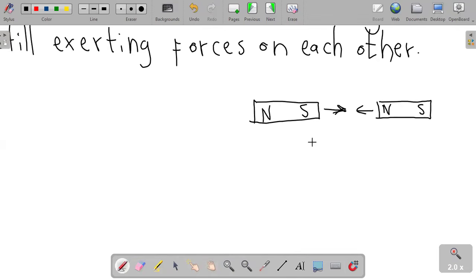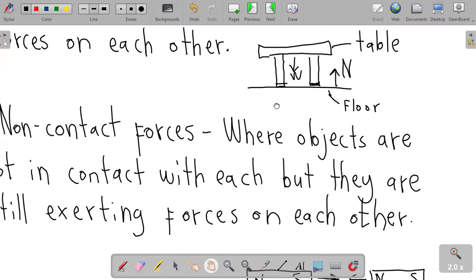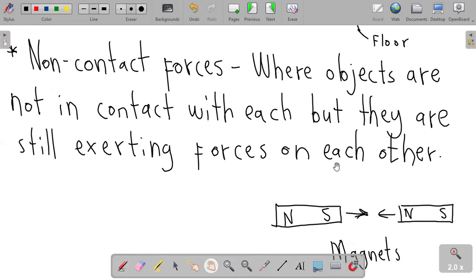So an example here would be a pair of magnets. This is an example of non-contact forces. I'll get into others as we progress. I just gave you one example in each case, but I'll show you the others as we go.